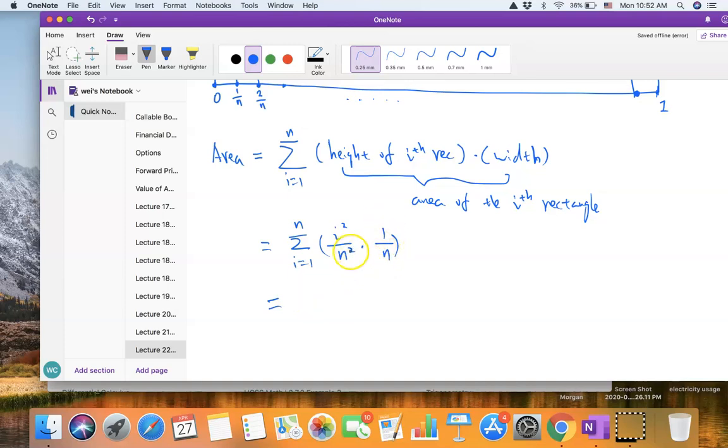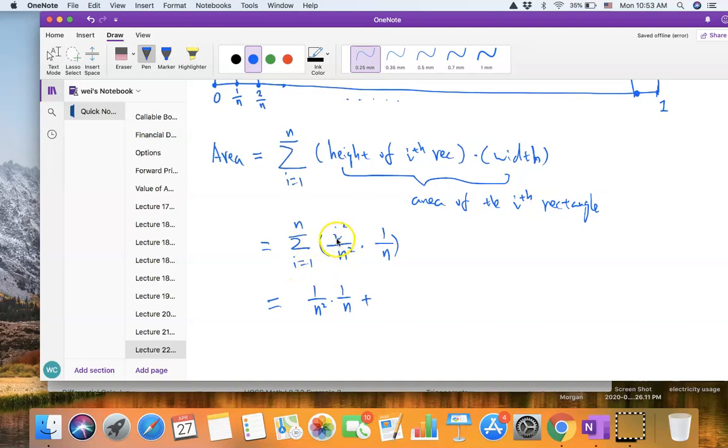If we look at this summation, we can see that n is a constant, because every term has this n. This is like 1 squared over n squared times 1 over n, plus, because i is the index, the variable is only i.